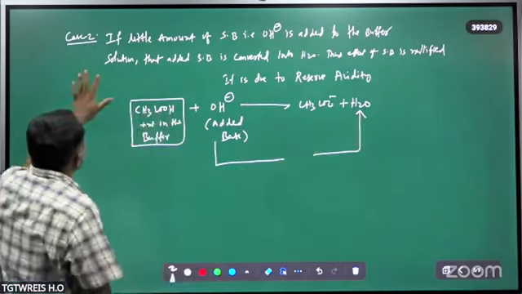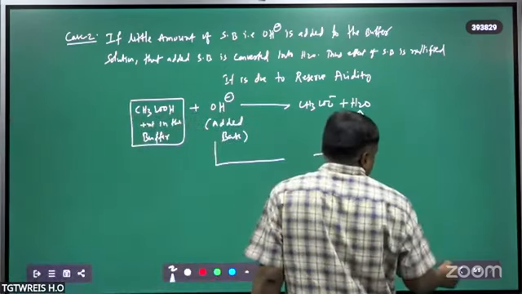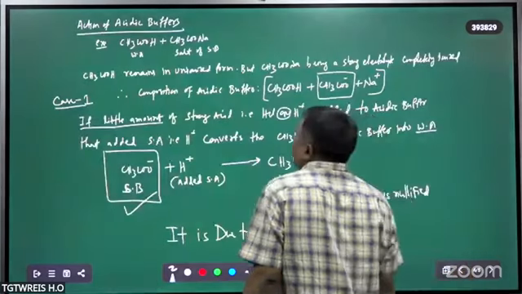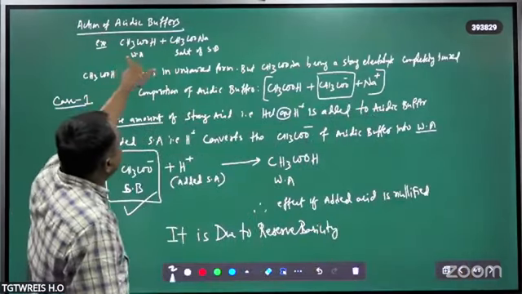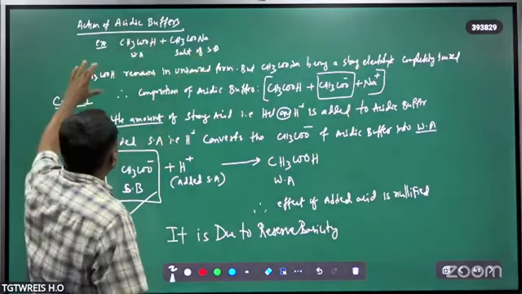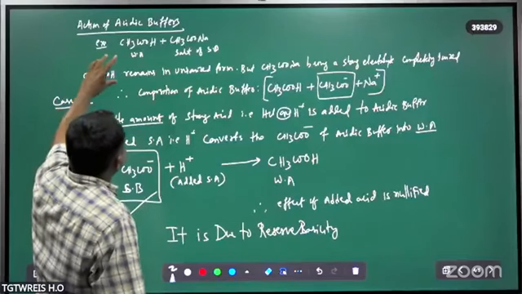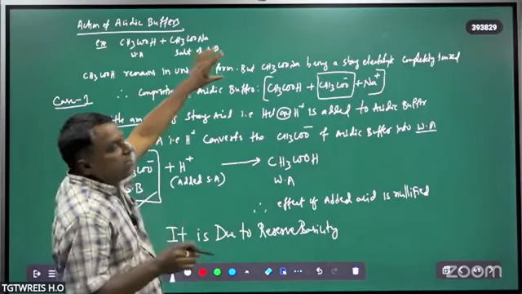Therefore, this is the mechanism involved in the action of an acidic buffer solution. Suppose you take a buffer solution of CH3COOH and CH3COONa. In this, CH3COOH remains in unionized form because it is a weak electrolyte.